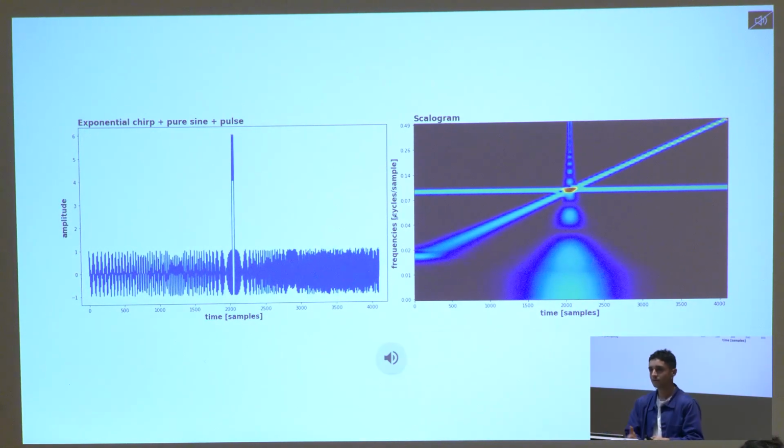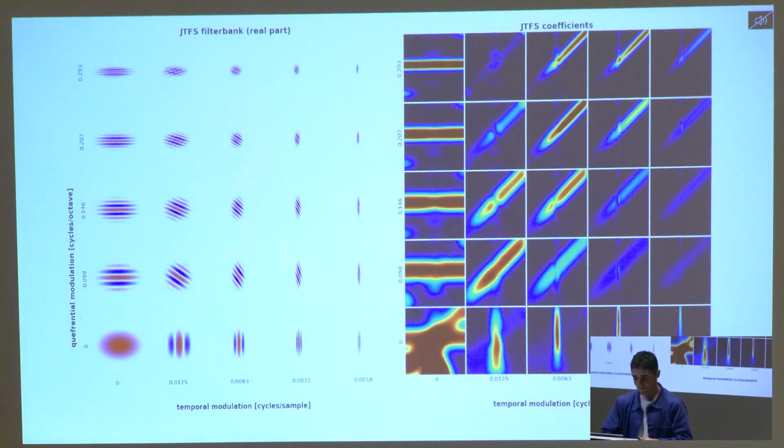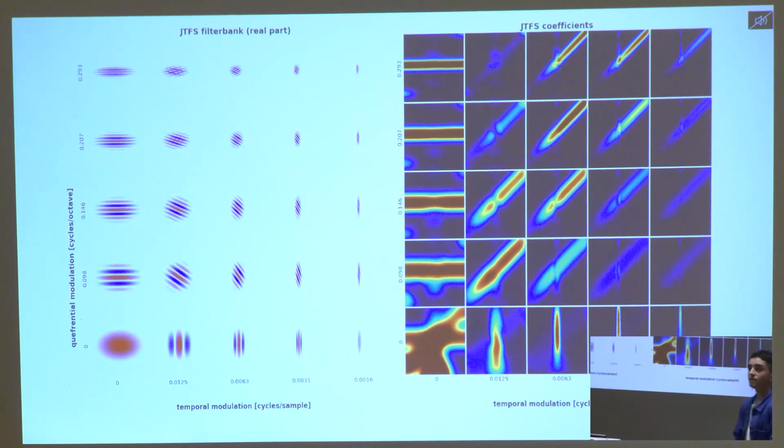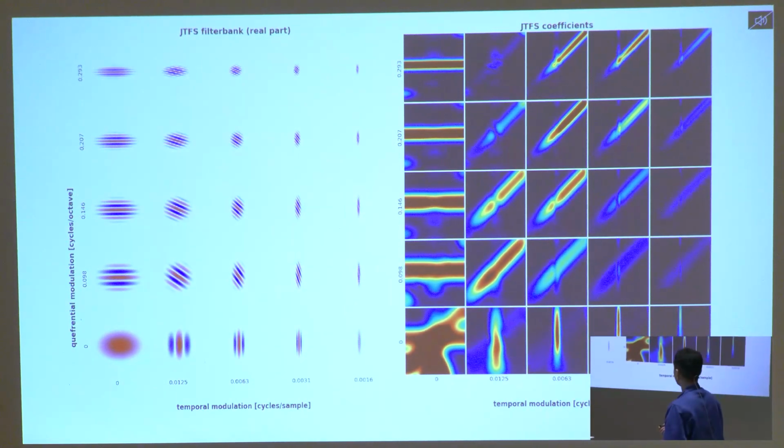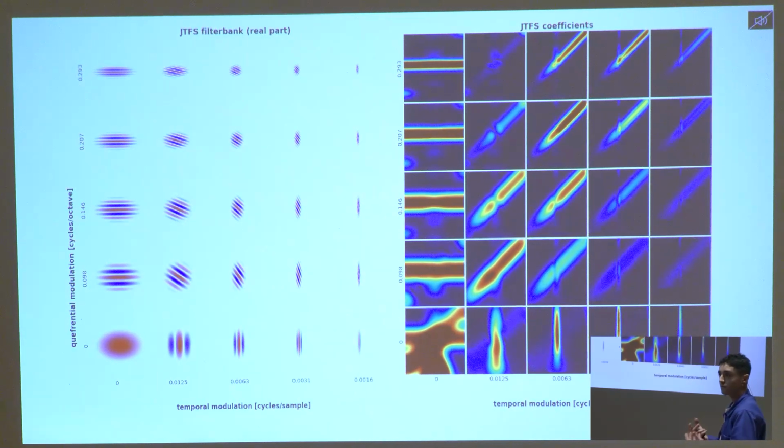So, pretty cool signal. We got all kinds of spectrotemporal variability, pure tone, no spectrotemporal variability, chirp. And these plots on the left are the impulse response of the two-dimensional wavelet filters that are applied at the second layer of the transformation. Along this direction, we get increasing selectivity to temporal modulation, and we get increasing selectivity to frequential modulation.